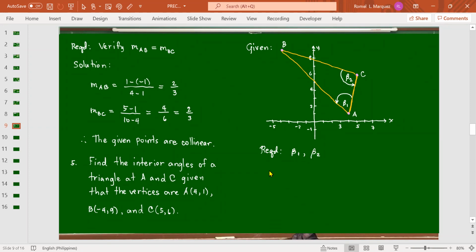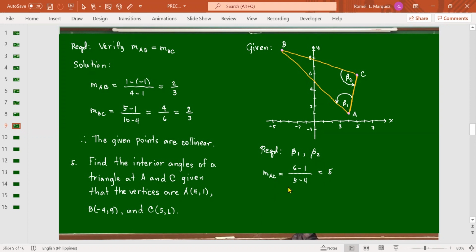Get it, guys? So we need the slope of AC, no? What is the slope of AC, guys? 6 minus 1 all over 5 minus 4. So that is 5, no?